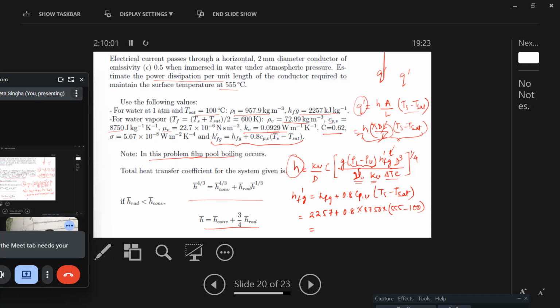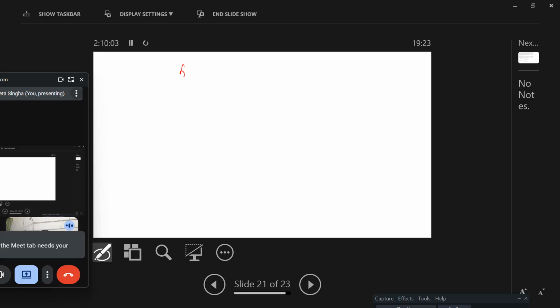So all these values we just substitute and we get h. If we substitute the values of those parameters, we get h as 2108 watt per meter square Kelvin. This is for convection. For radiation, we calculate epsilon sigma (Ts to the power 4 minus T sat to the power 4).